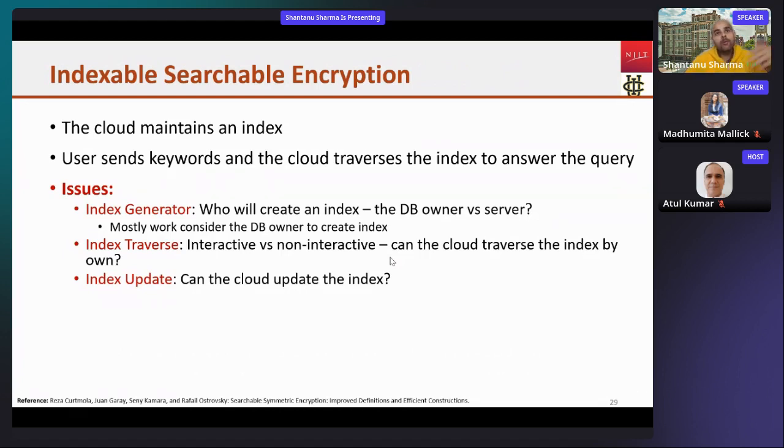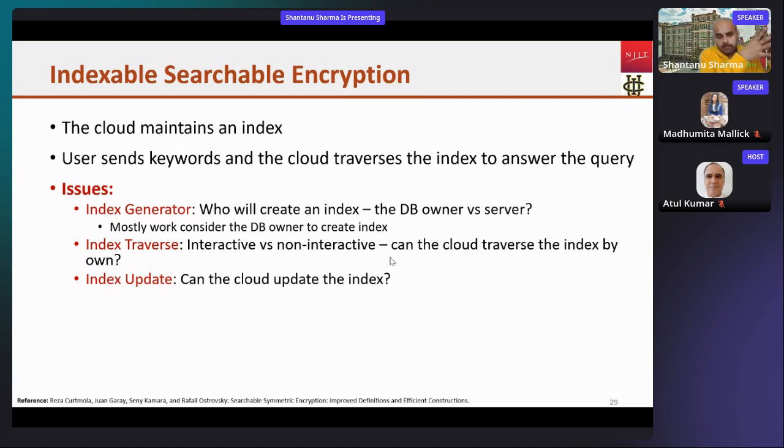First thing is, who will generate the index? Most of the approaches need the database owner to generate a secure index and then outsource it to the cloud. If the database owner is also executing the encryption over the data before outsourcing and then creating the index, this is overhead at the database owner side. So often we want a technique that can develop the entire index at the server side instead of the database owner side.